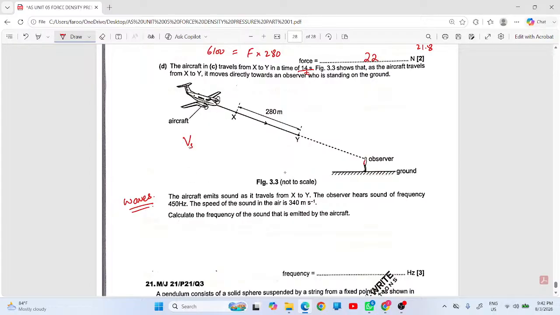Speed of source. Source means aircraft. So the distance is 280 and the time is 14. So speed of the source is 20 meters per second.